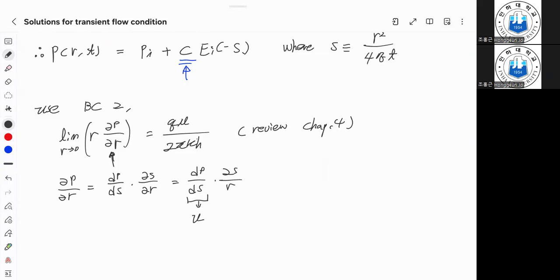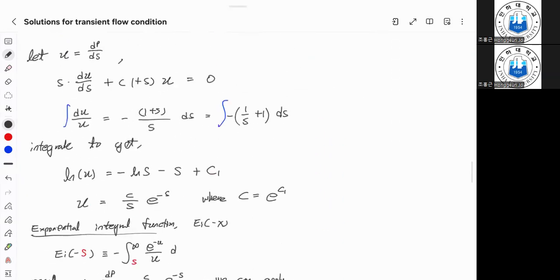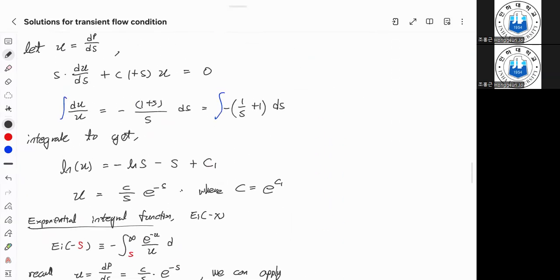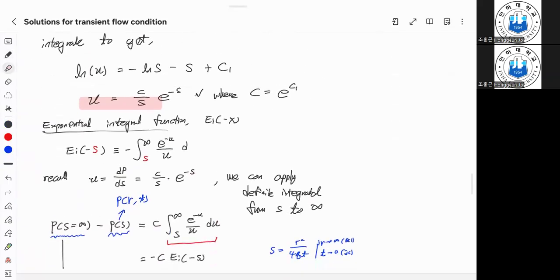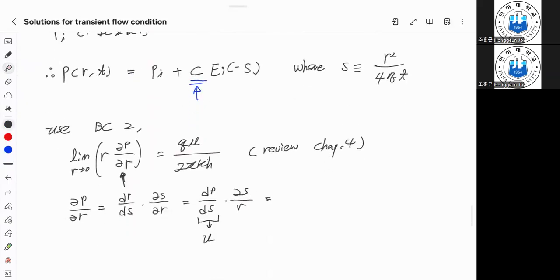This was U, and we have the solution for the U above, which is this. So we are going to replace U with this equation, and that will become C over S times e to the minus S times 2S over R, and it is equal to 2C over R times e to the minus S.